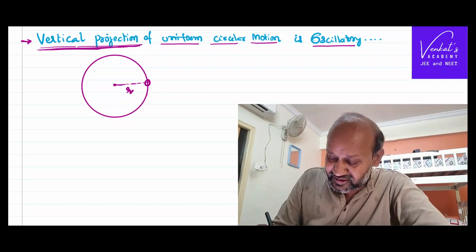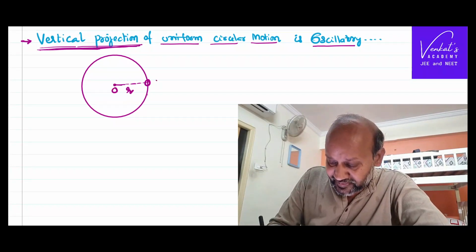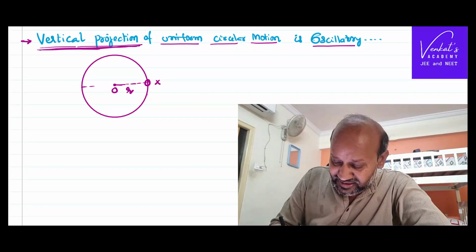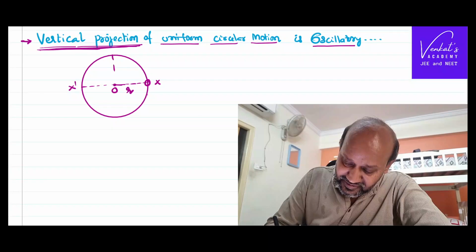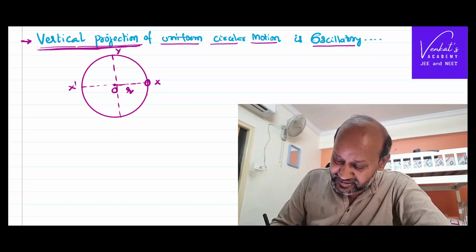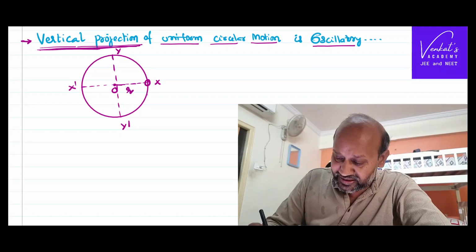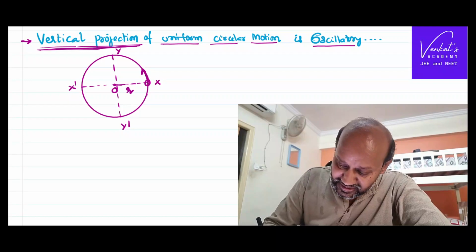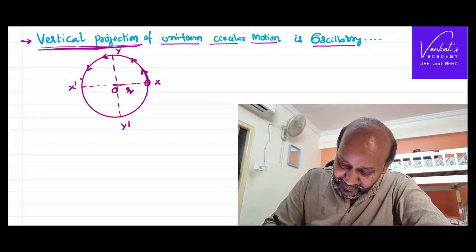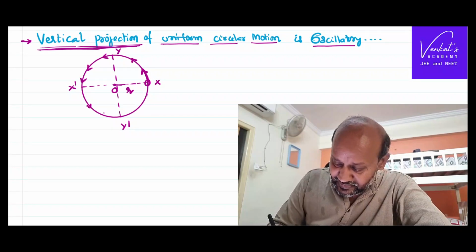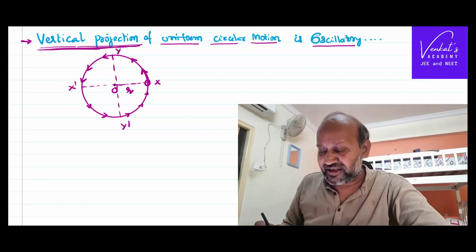If you consider this as an origin, say this is the positive x-axis, this is the negative x-axis, this is the positive y-axis, this is the negative y-axis. This body is rotating in this circular path this way, so in an anti-clockwise direction. It could be anything, I have just taken an anti-clockwise direction.